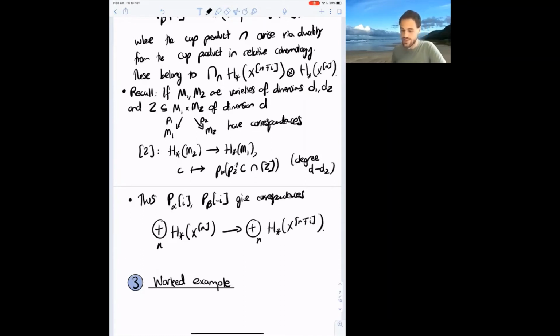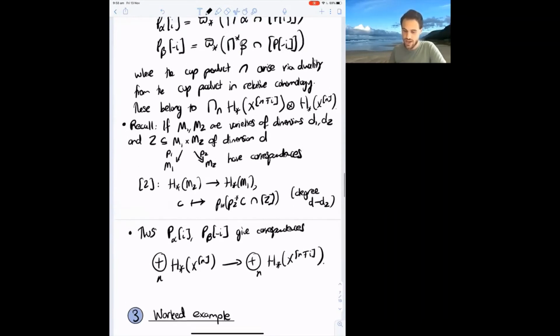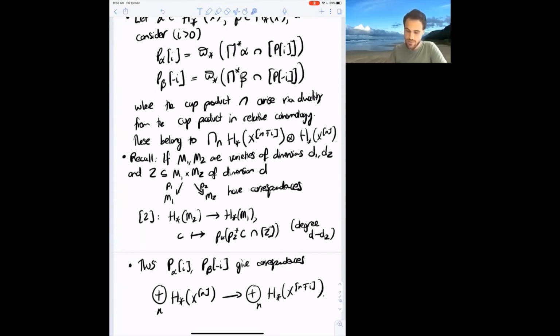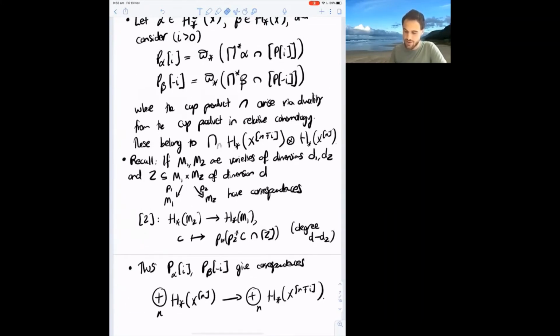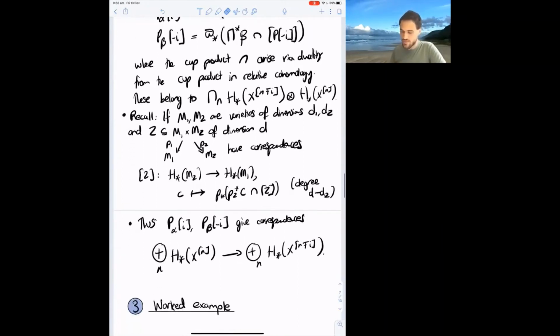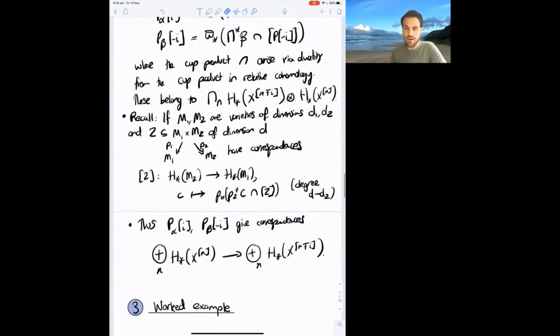But we get this direct sum over n because we're looking at something which is inside a direct product over n. So does anyone have any questions about that?